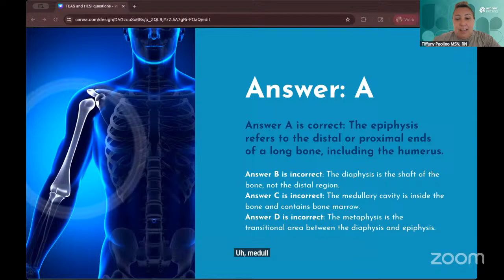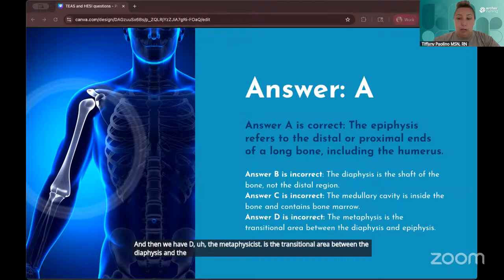Medullary cavity is the space inside the bone that contains the bone marrow. And then we have D, the metaphysis, which is the transitional area between the diaphysis and the epiphysis.